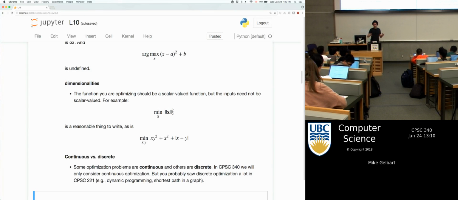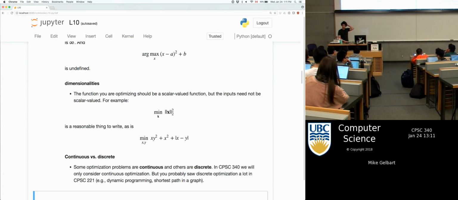The score being the length of the path, and the variables, there are many ways you could think about it, but for example, you could have a binary variable for each edge in the graph. 1 if it's in your path, 0 if it's not in your path. Not all configurations there make sense because you can't have an edge over here and an edge over here, and we'll talk a little bit about that. But it's just discrete optimization, a specific instance of it.